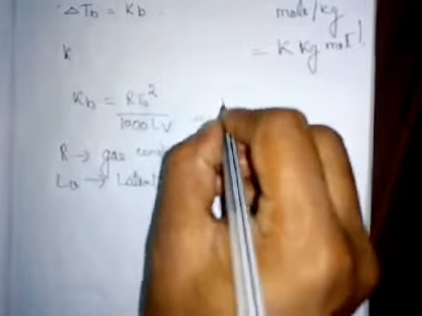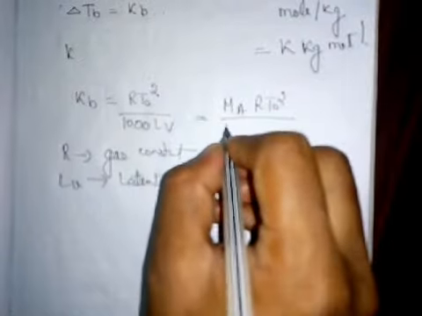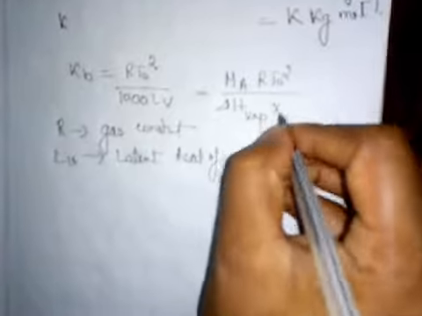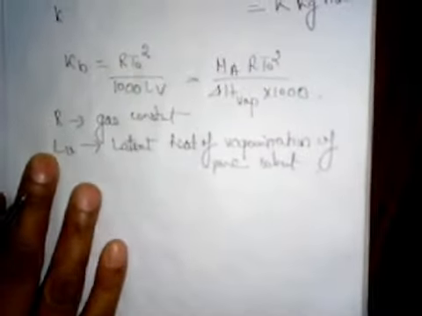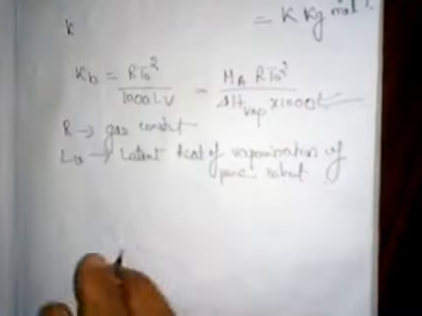This is also equal to Ma R T0 square by delta H vaporization into 1000. This is used for numerical purposes.